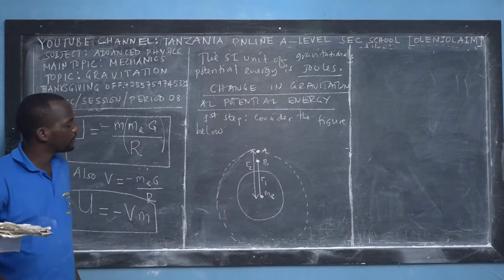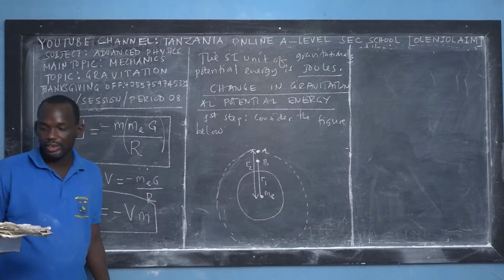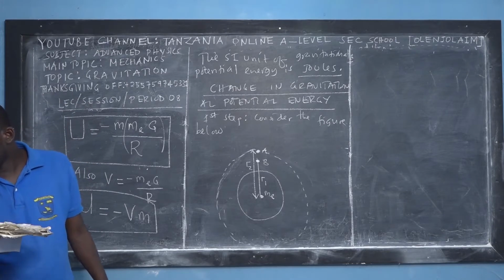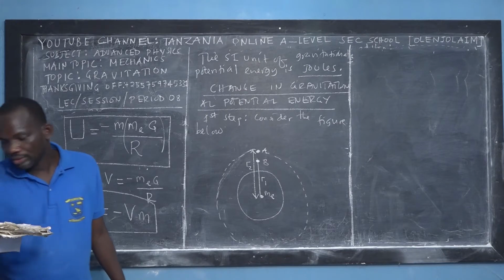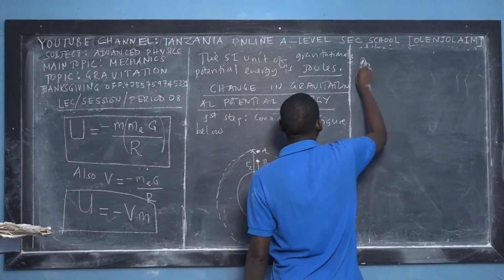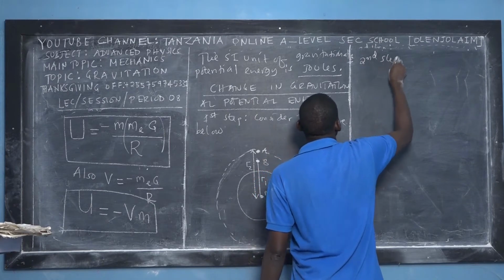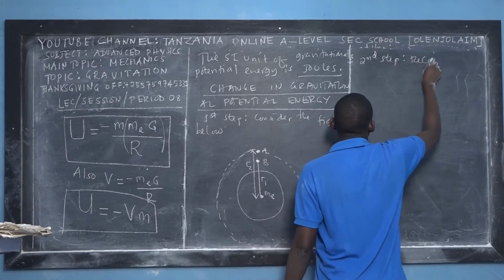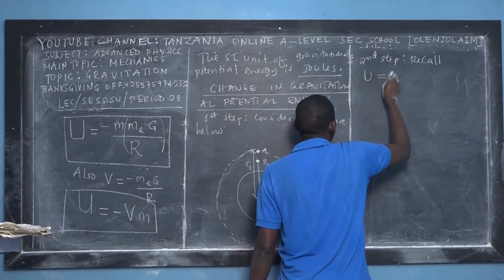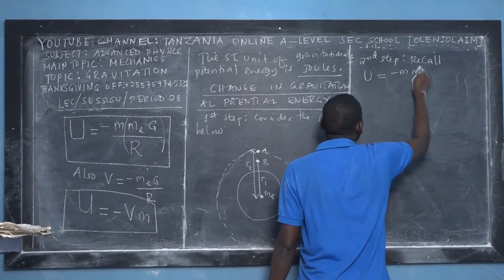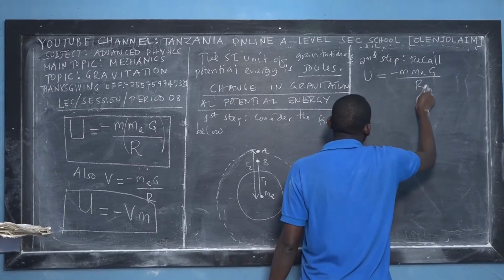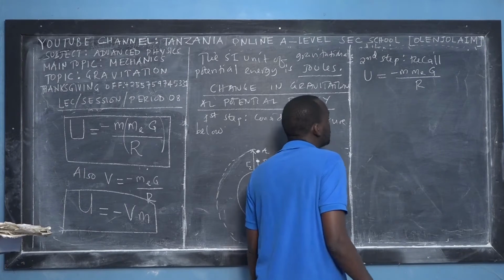So the gravitational potential for these 2 cases, from our general formula, we have to recall the general formula of gravitational potential, which is U is equal to negative mass of the body, mass of the S, gravitational constant, over radius r of the S.